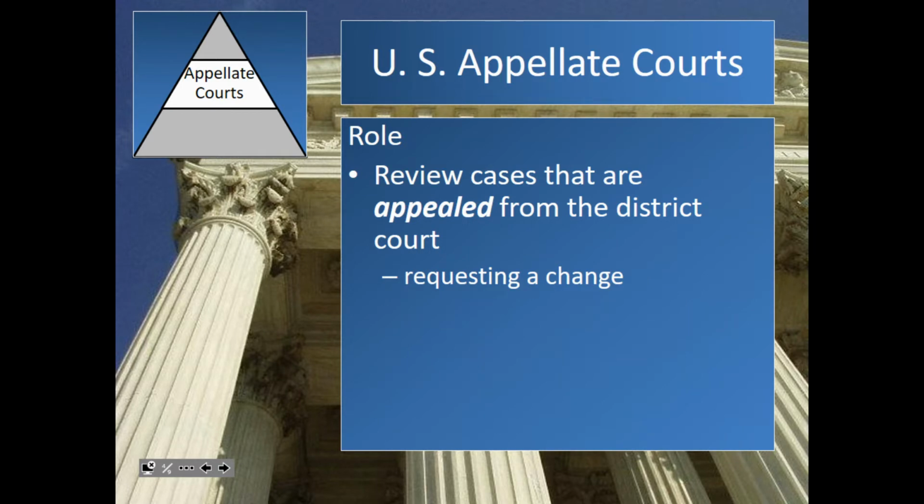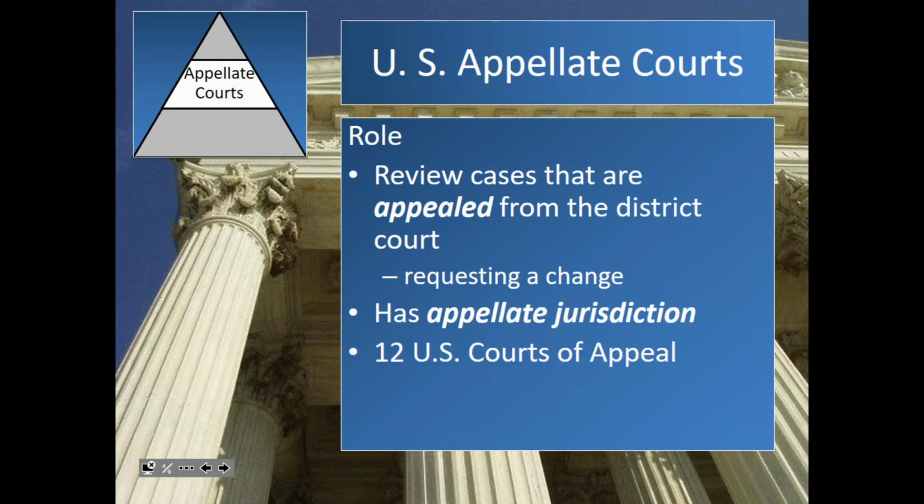So appellate courts have, and you're going to really get this, appellate jurisdiction, where the district court has original jurisdiction. The appellate courts have the right to review what the district court says, or people can appeal their case there. We said that there's 94 district courts.